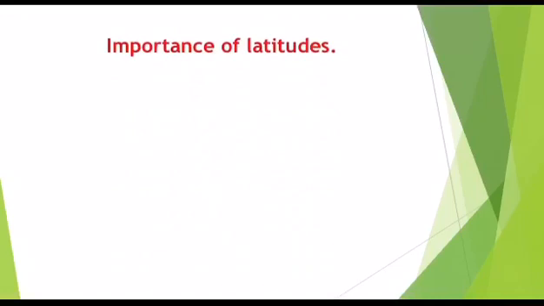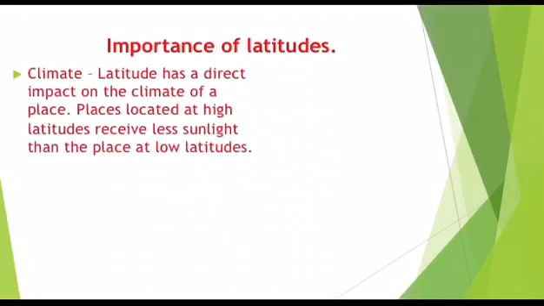Importance of latitude: when you talk about latitudes, they help to determine the climate of a place. Latitude has a direct impact on the climate of a place. Places located at high latitude receive less sunlight than the places at low latitudes. For example, if a country or a place is near the equator, it receives vertical sun rays, right?